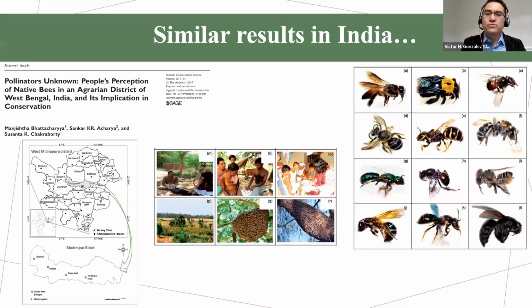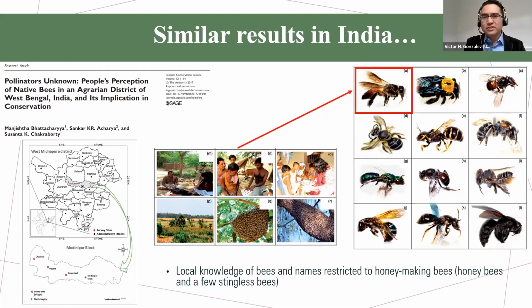And when we look in the literature for other groups of people that are also cohabiting with bees in different parts of the world, this is in India, and this is research that was published about the same time. They recognize mostly honeybees and stingless bees.